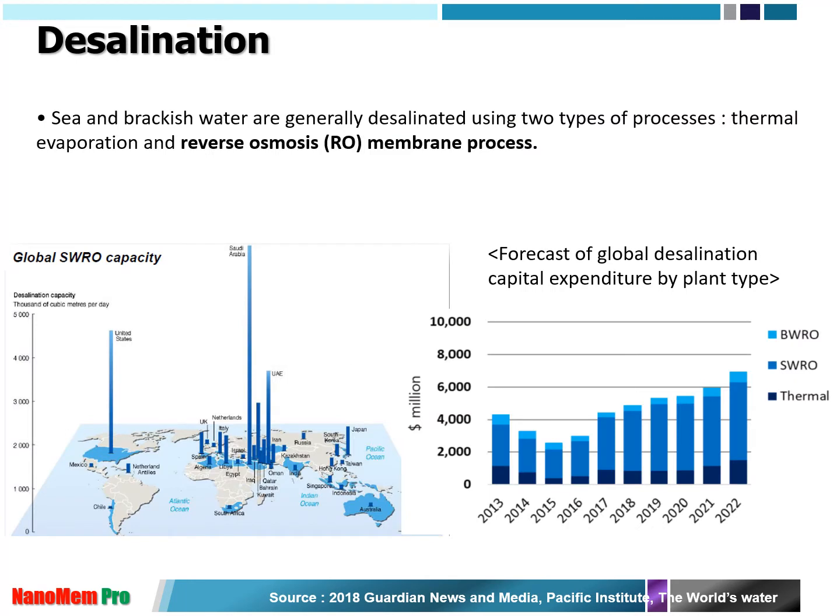Let's look at the desalination. What's the current status? Seawater and brackish water are generally desalinated using two types of processes: thermal evaporation and reverse osmosis membrane process. So you can see the global SWRO capacity.